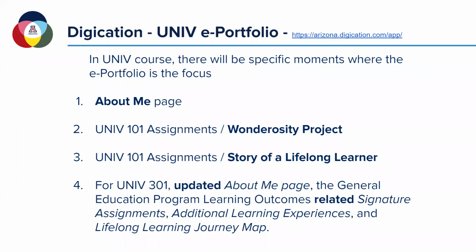For example, the About Me page, University 101 assignments such as the Wonderosity project, also University 101 assignments such as the story of a lifelong learner, and for University 301, an updated About Me page, the General Education Program learning outcomes related signature assignments, additional learning experiences, and the final project, the lifelong learner journey map.